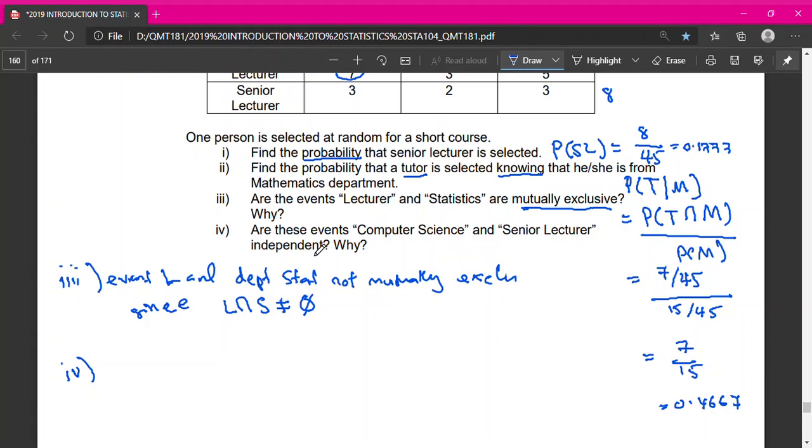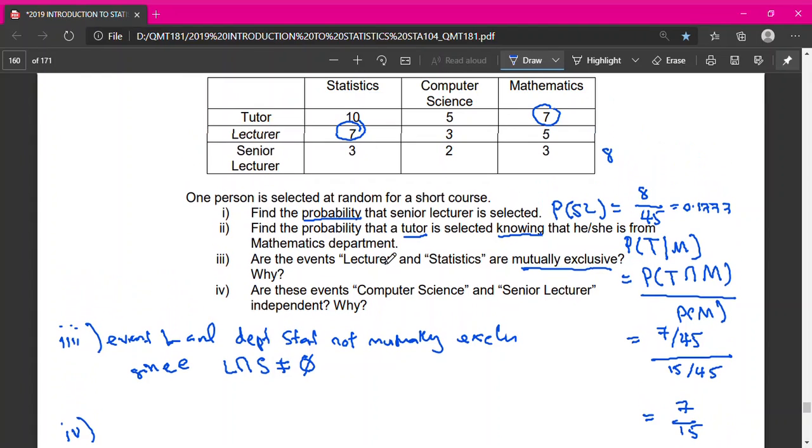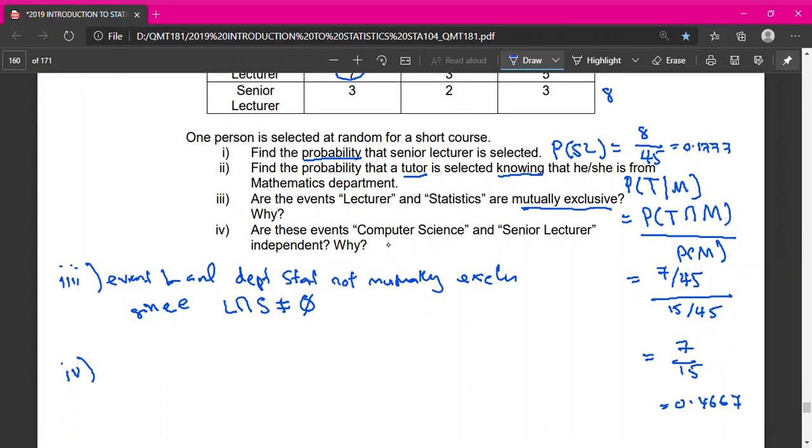Yang the final question. Are these event computer science and senior lecturer independent? So you kena test sama ada event computer science intersect dengan senior lecturer adakah sama bila kita multiplykan probability of computer science department multiply dengan probability of senior lecturer.